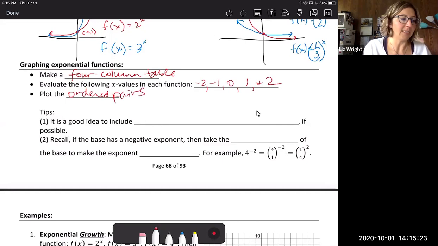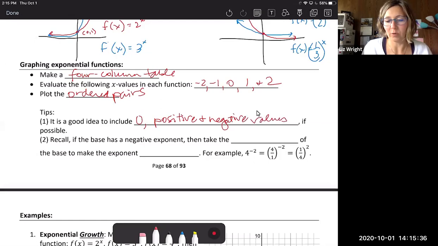Tips: it's a good idea to include 0, positive, and negative values if possible. Well, we're going to do that because I'm requiring that you do all 5 of those. So we're going to end up doing that first tip.